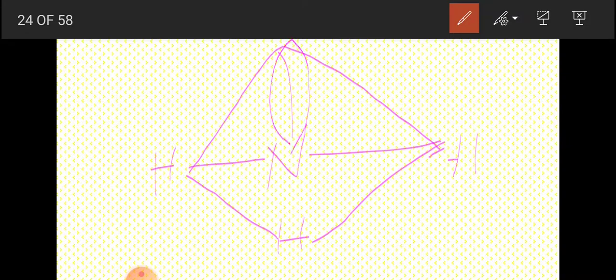And you can see that 3 electrons are just making bonds with hydrogen, and 2 unpaired electrons, that is your lone pair, will remain.